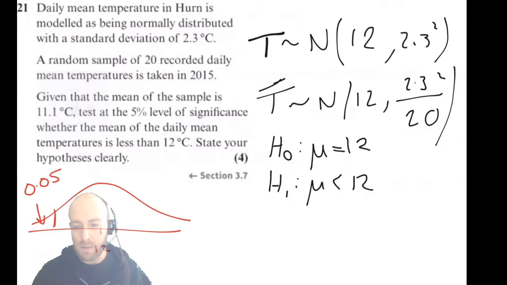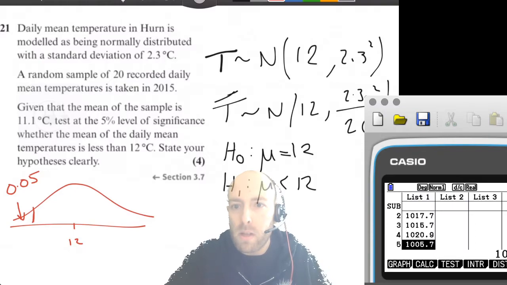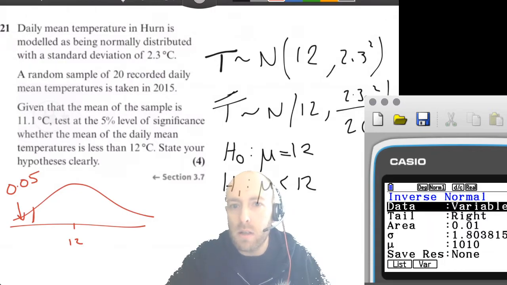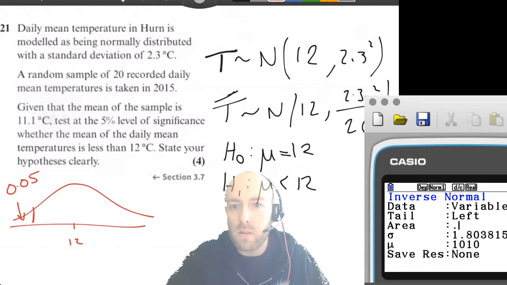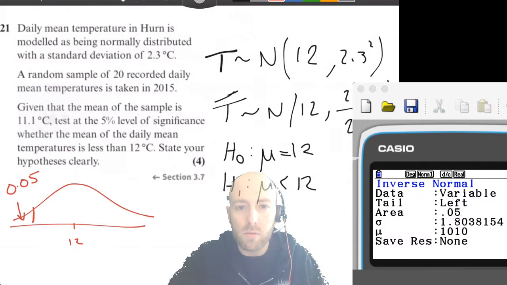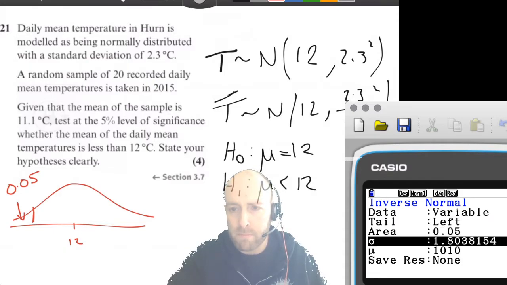So bring the calculator up. Distribution, normal distribution, inverse, tail to the left, area 0.05, sigma is, as I said, 2.3 over root 20, so 2.3 divided by root 20.